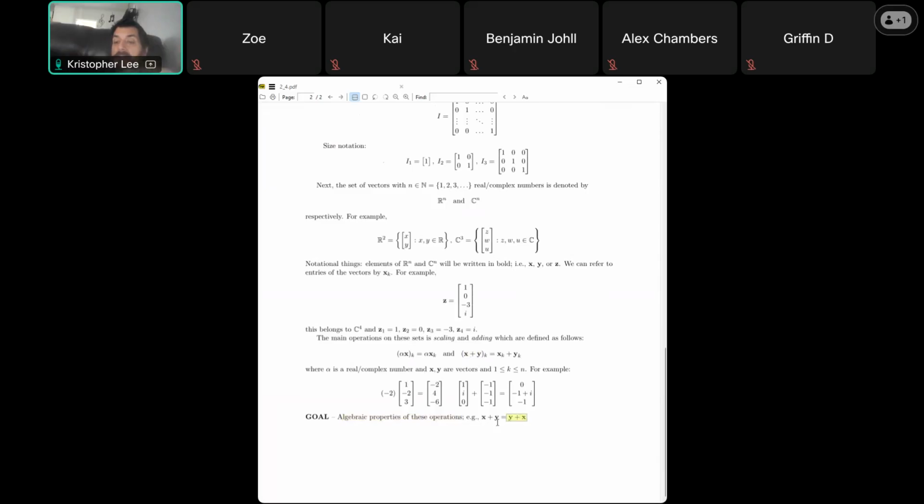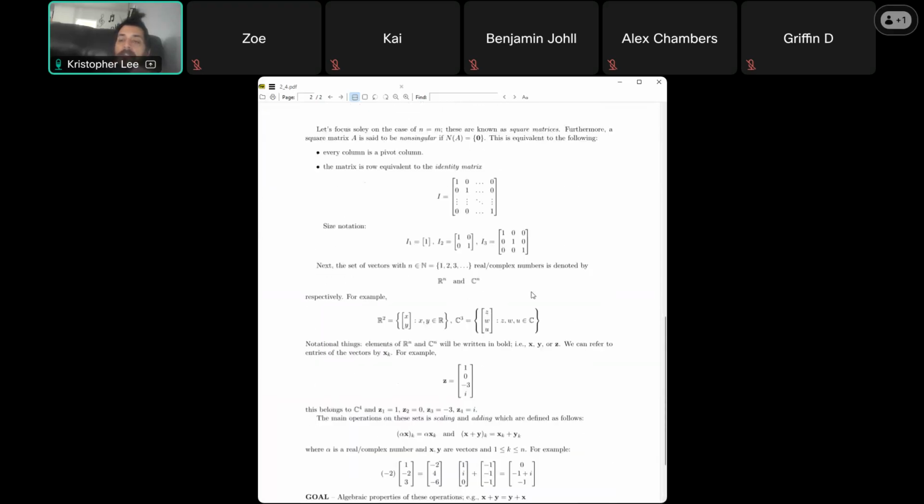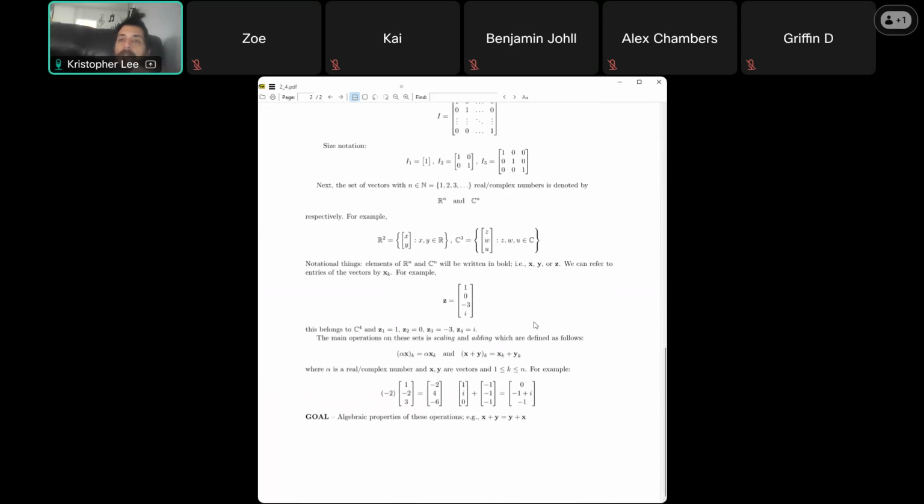So it'll be interesting to see if similar things hold in the vector space case. And the answer is yes, they do. And so we'll prove some facts about how scaling and adding will work. That'll be the plan for the beginning of next week. And then we'll introduce some other vector operations and we'll start investigating those.